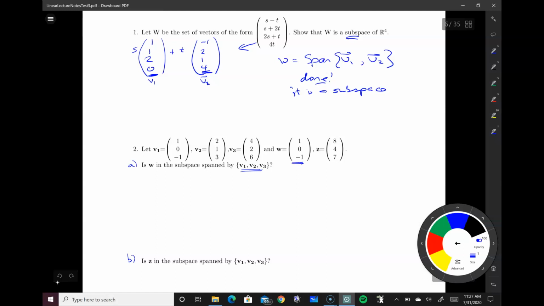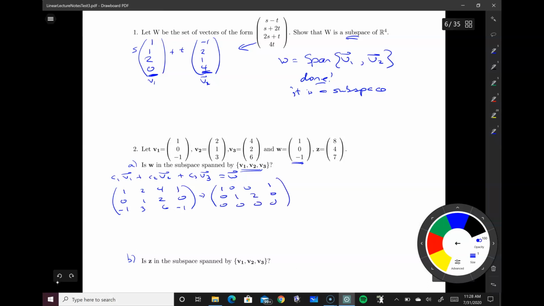That is, can I take c1 times V1 plus c2 times V2 plus c3 times V3 and get to my W? That sounds like an augmented matrix to me. So let's do it: 1, 2, 4, 1, 0, 1, 2, 0, -1, 3, 6, -1. I put it into my calculator and get 0, 1, 2, 0, 0, 0, 0, 0.